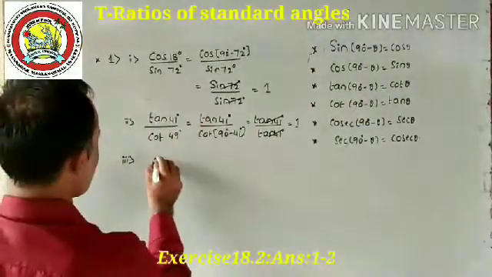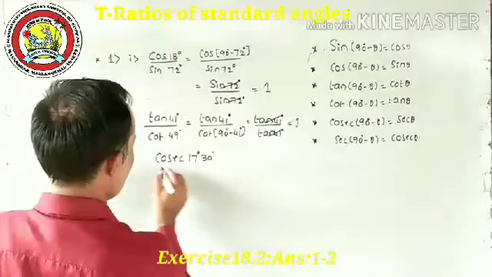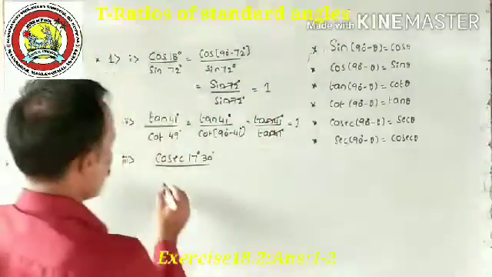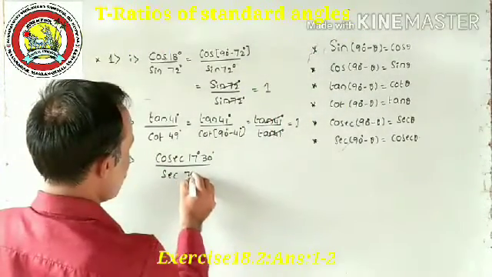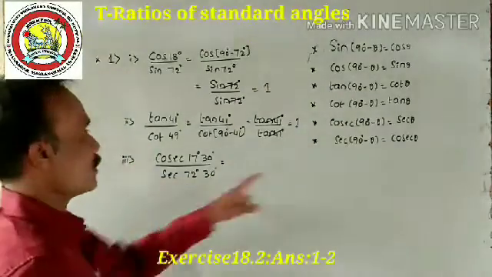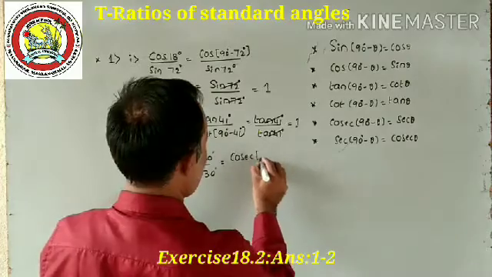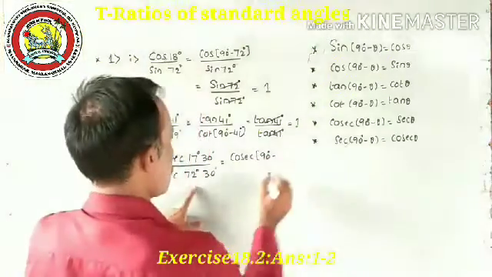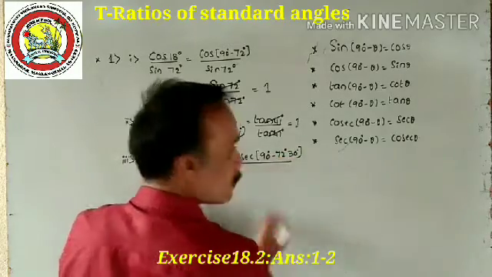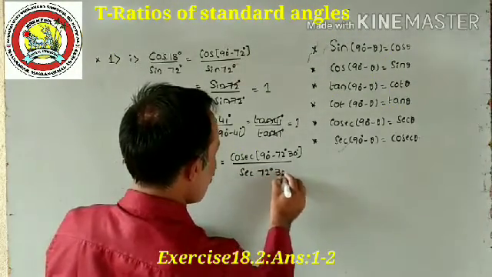So cosec 17 degrees 30 minutes divided by sec 72 degrees 30 minutes. Cosecant changes to secant, and secant changes to cosecant. So cosecant can be written as cosecant of 90 degrees minus 72 degrees 30 minutes, and the denominator we keep as it is, secant 72 degrees 30 minutes.